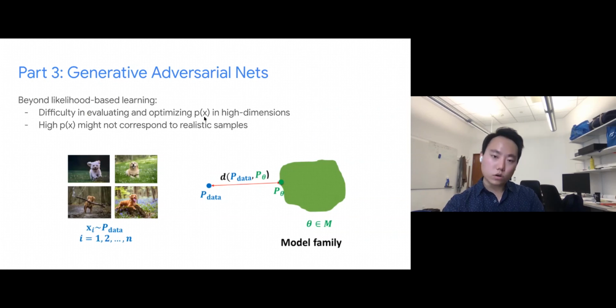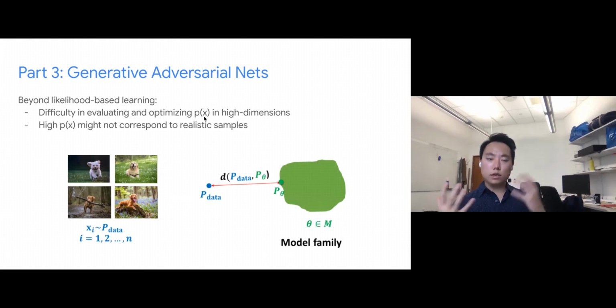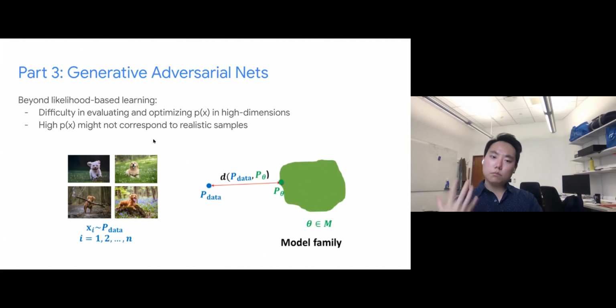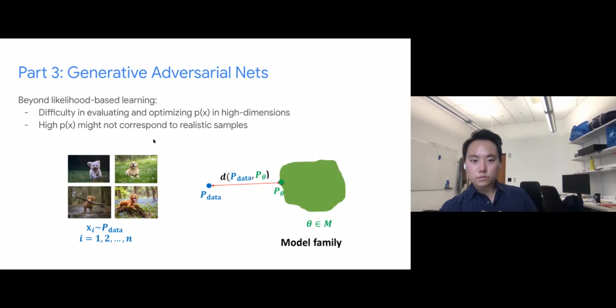For variational autoencoders, we could not compute P of X exactly, but you could compute an evidence lower bound that approximates your P of X, and therefore optimize the evidence lower bound. But GANs just get rid of optimizing for P of X completely, because it's really hard to optimize, and even a high P of X, as learned by the model, might not really correspond to realistic samples.